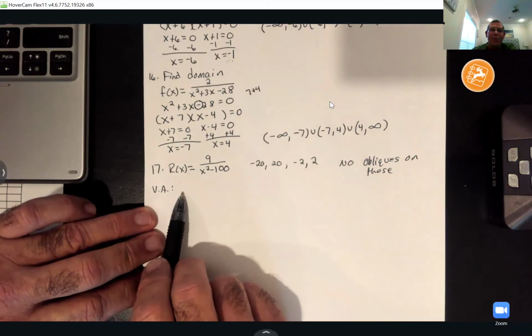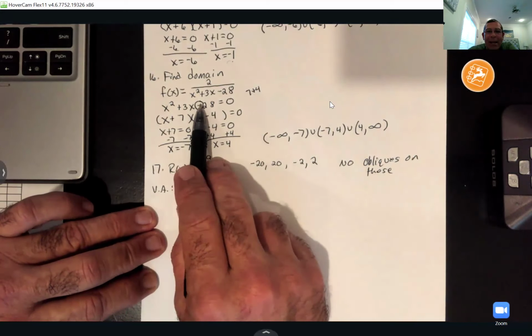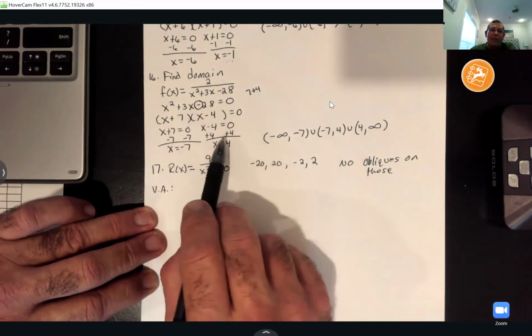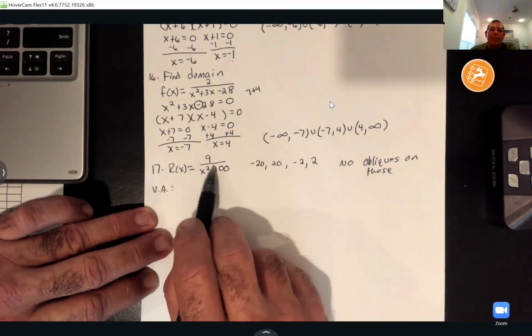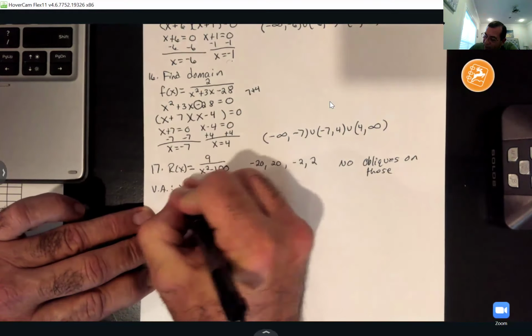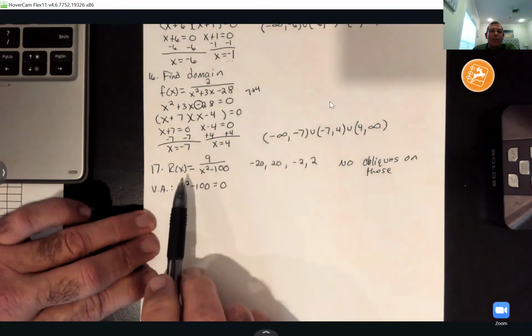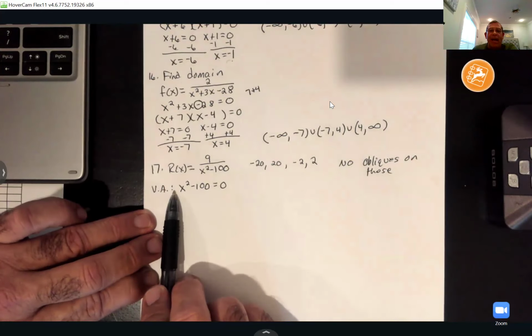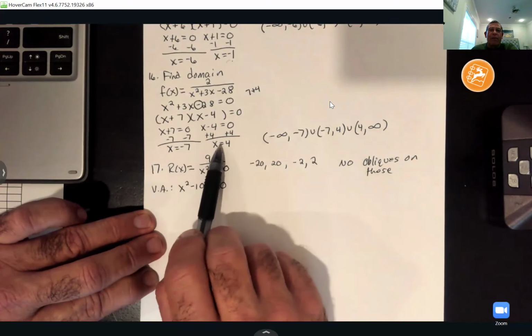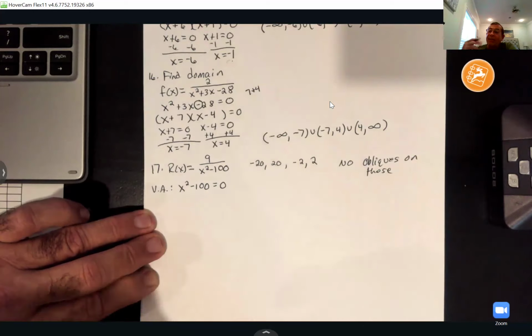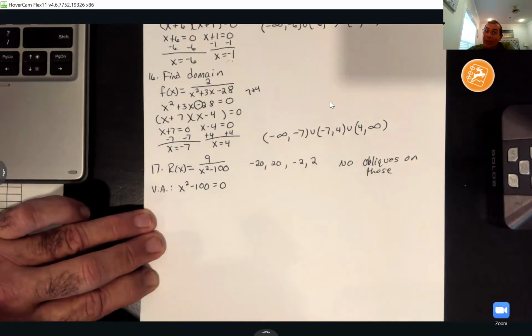Well, y'all, we're going to do the same thing we do for the domain, because those are numbers that make it undefined. So we set the bottom equal to 0. Remember, these happen where they're undefined. So the domain and the vertical asymptotes are pretty dang close together, okay?